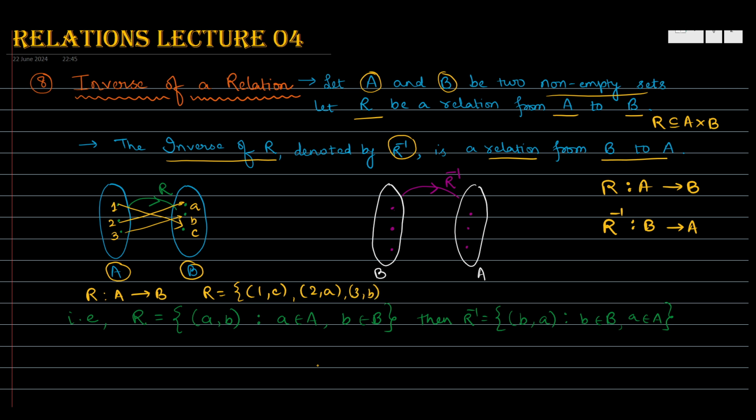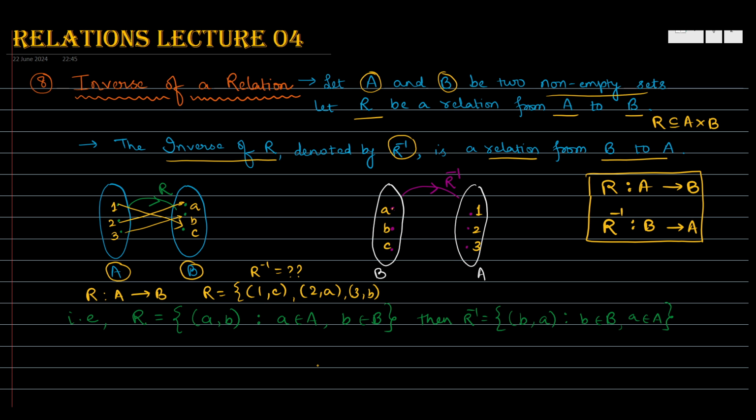Suppose we want to find R inverse. How to find R inverse? By this definition, R inverse will be from the set B to A. Set B contains the elements A, B, C and set A contains the elements 1, 2 and 3.